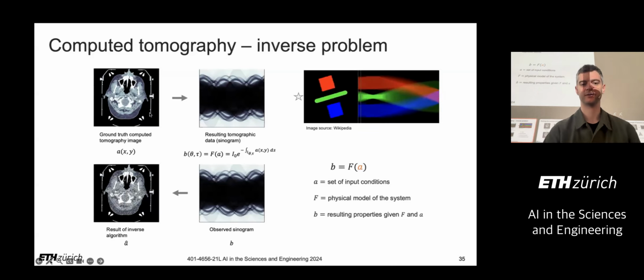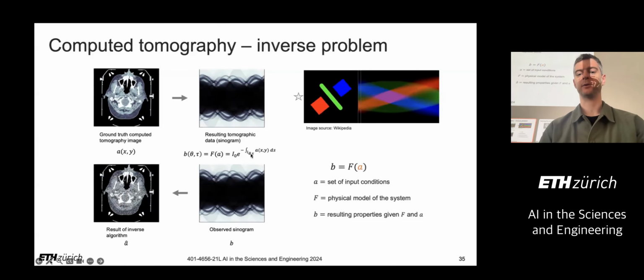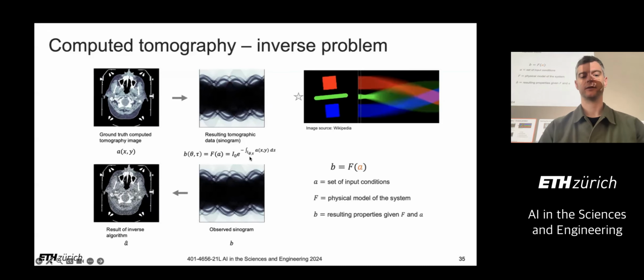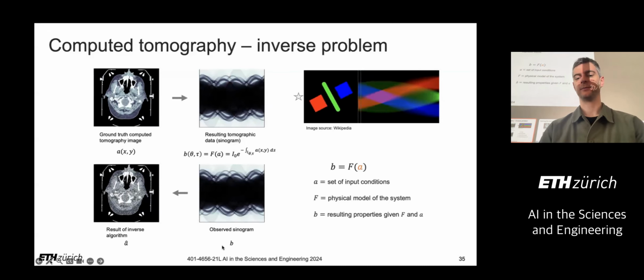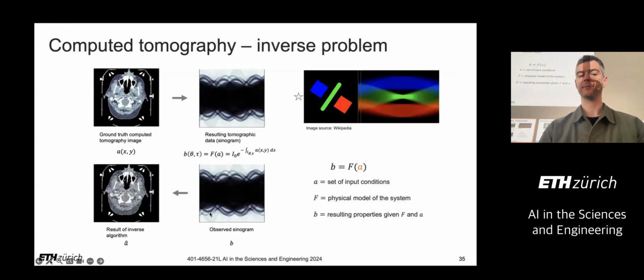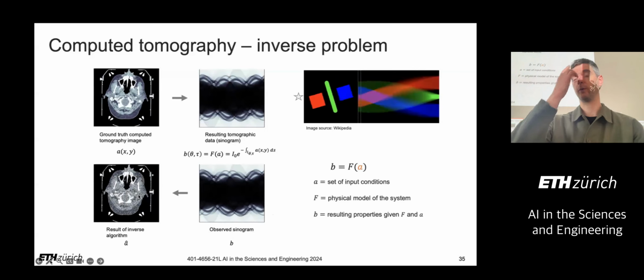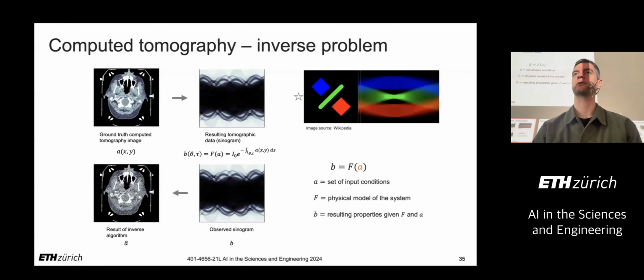And so here's the inverse problem. I've just described the forward problem, which is just integrating the image across all these lines and angles. But the inverse problem is, given some observed sinogram, can we get back to the image? And that's not always easy. In fact, it's very hard quite a lot of the time.